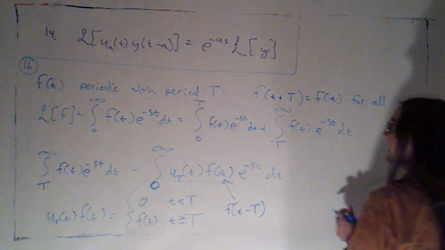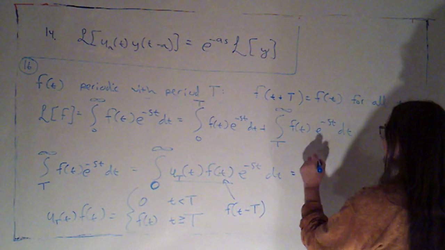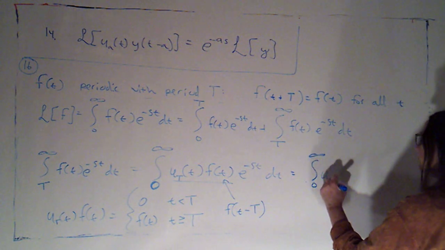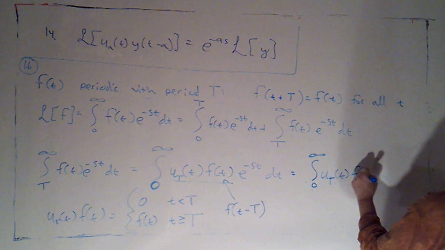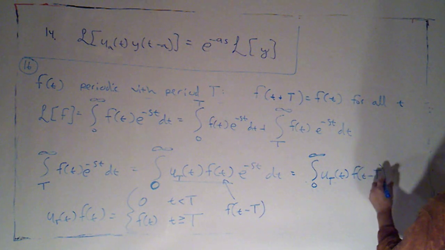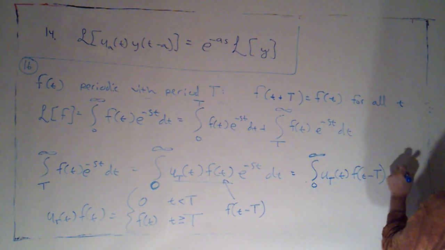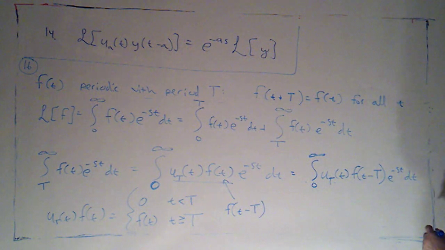So I can say this is the integral from 0 to infinity of mu sub T of t times f of t minus big T e to the negative st dt.